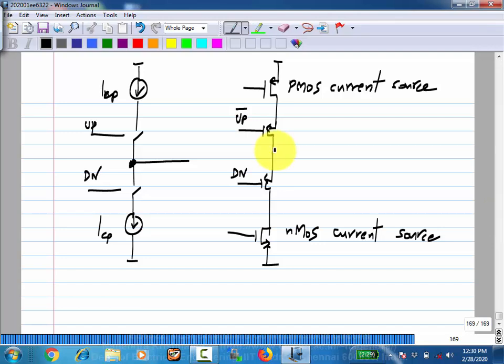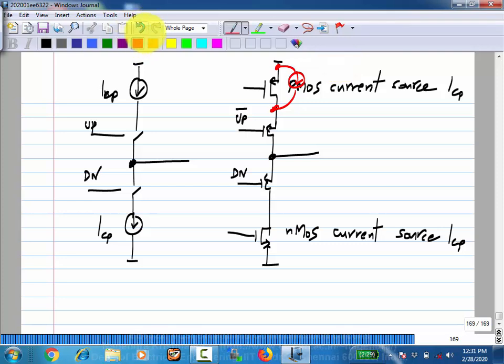So now we can neglect the noise of the switches, and each of these current sources will have, of course, both are implementing a current source of value ICP. What will be the value of the noise? I mean, the spectral density of the noise. What's that?